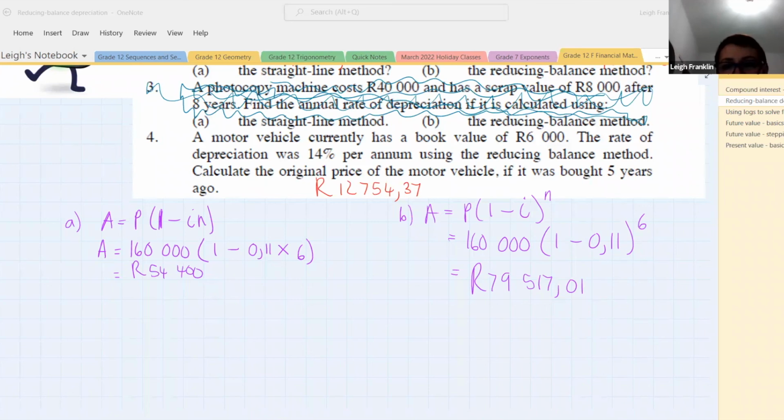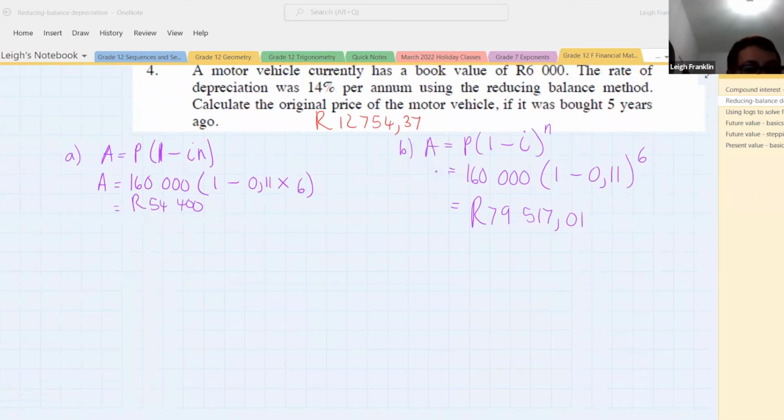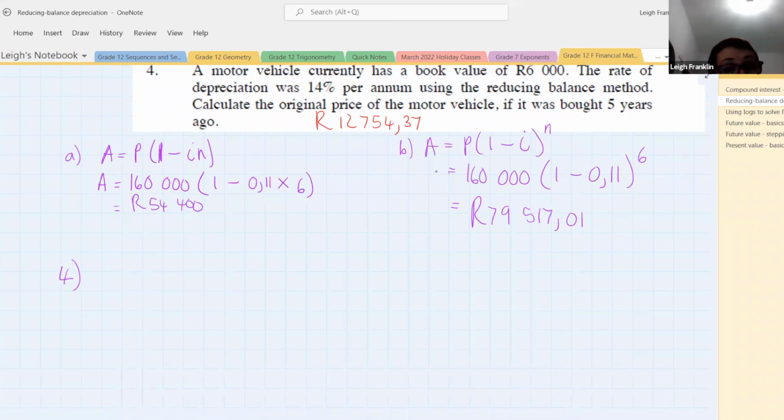Oh, they asked for number 4. Number 4 as well, sure. So let's have a look at number 4. It tells us the motor vehicle currently has a book value of 6,000 Rand. Remember, book value or scrap value is our A value. That's what it's worth after it has depreciated. The rate of depreciation was 14% per annum using the reducing balance method, so we have to use the formula A equals P(1 minus i) to the power of n.